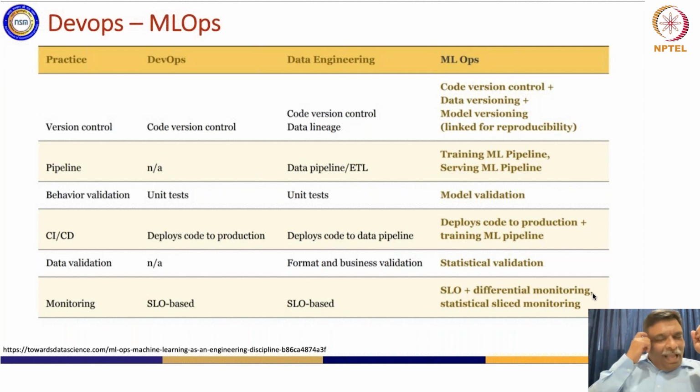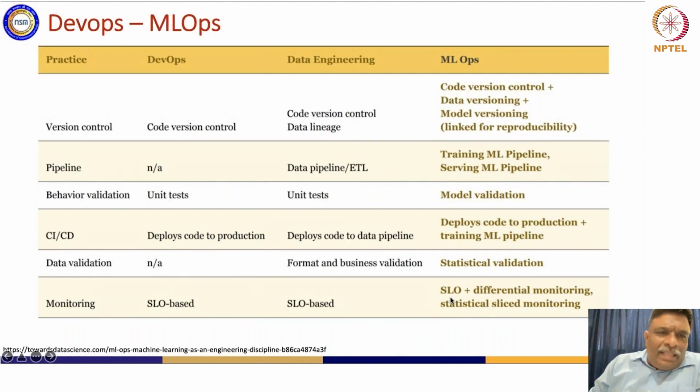So DevOps and MLOps are, in a sense, that you have code version control, and data lineage, code version control plus data versioning plus model versioning.